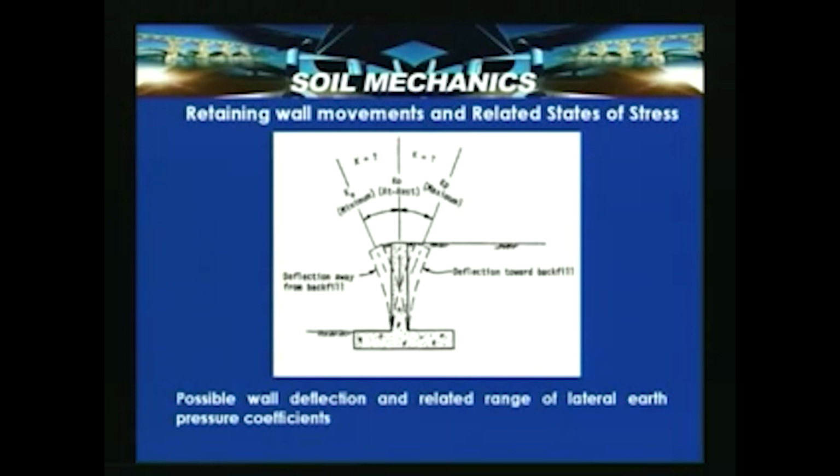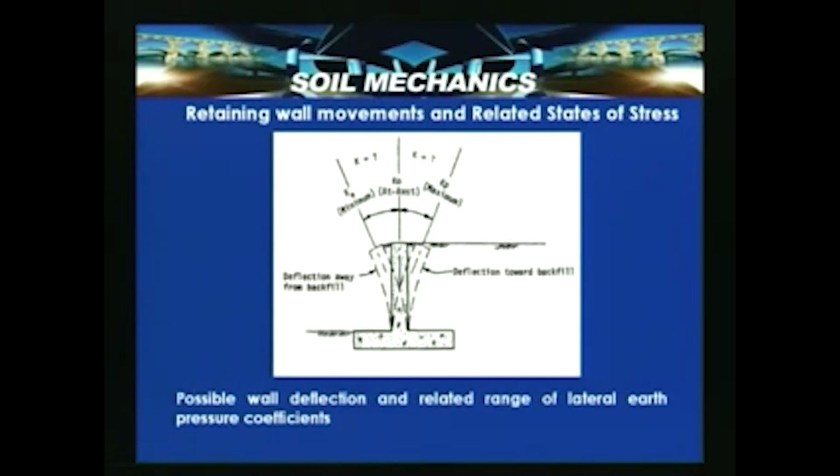So, now we need to look into the wall movements and related states of stress. The first condition we represented is the at rest condition, that is the zero strain condition, and from K naught to Ka, the coefficient of earth pressure at rest can no longer be the coefficient at rest; it changes to Ka, referred to as the coefficient of active earth pressure.